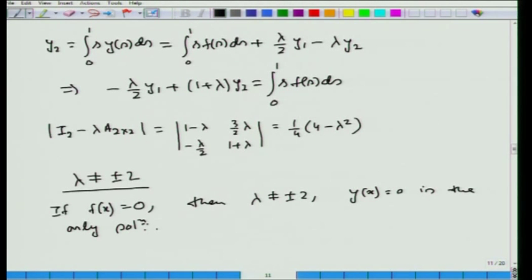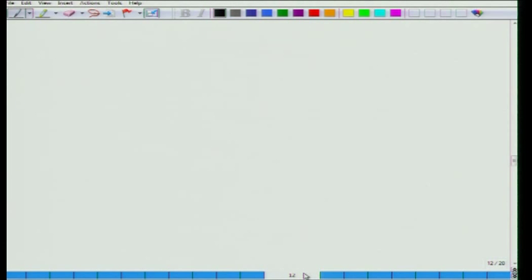So, therefore, if f(x) equal to 0 and lambda not equal to plus minus 2, then the given problem admits only the trivial solution. And now we can consider the cases, that is values of lambda equal to first 2 and then minus 2.